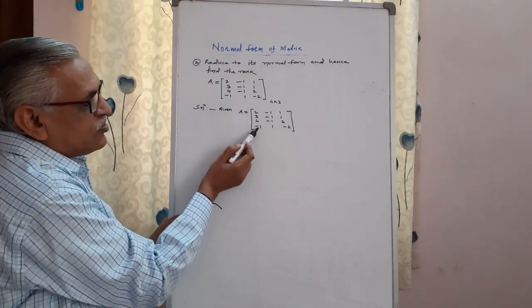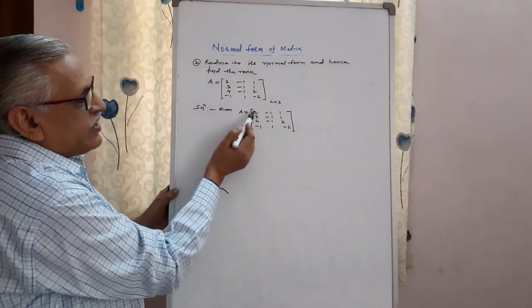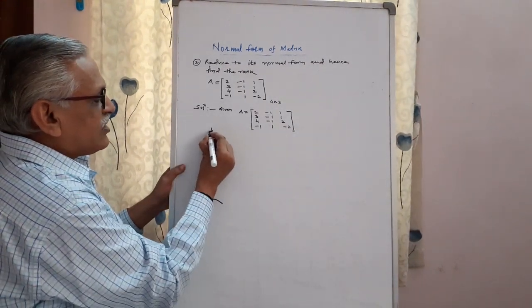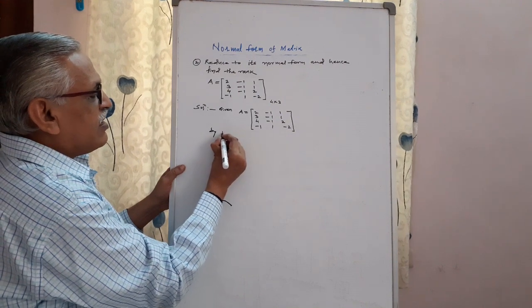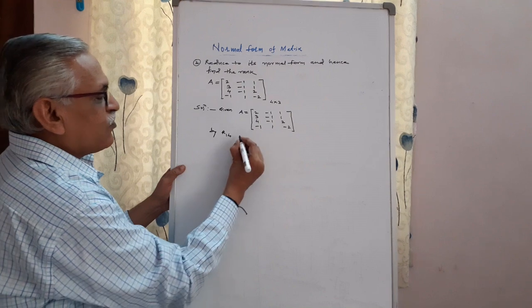Here in the fourth row, -1 is there, so we interchange these two rows to make it 1. The first transformation is R14, changing the first and fourth rows.